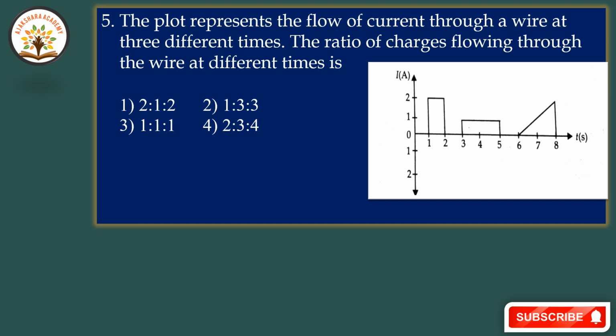The area under the electric current-time graph gives charge. So this is Q1, Q2 and Q3. The area under the electric current-time graph gives charge. So Q1 is equal to area of rectangle.